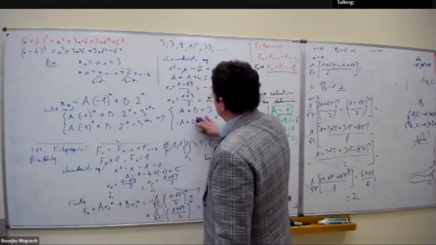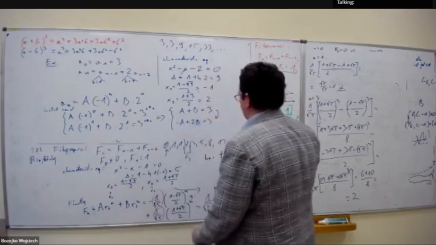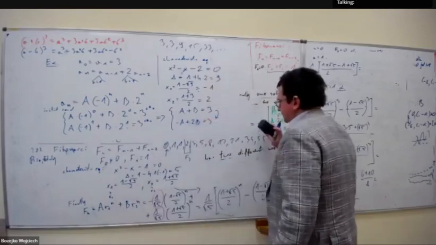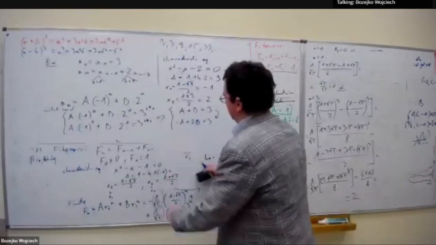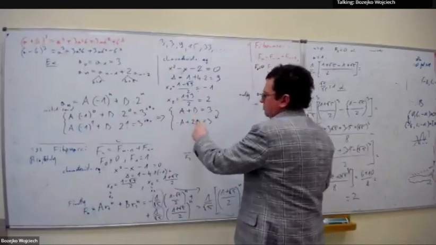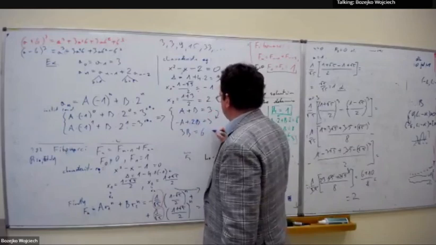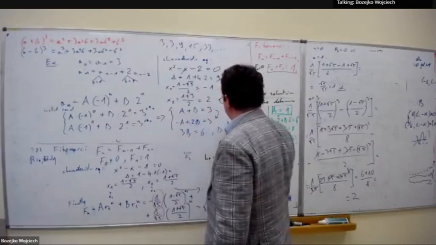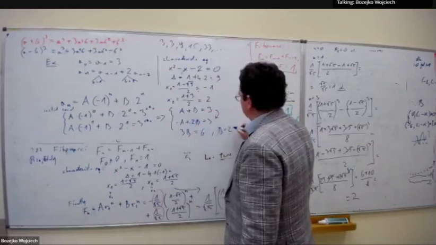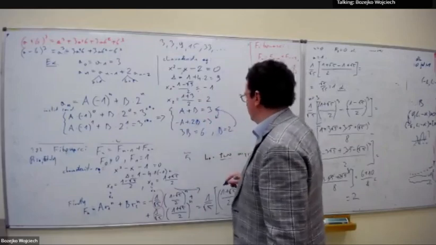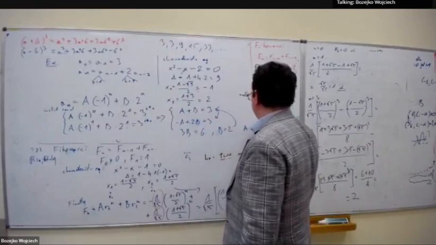So if we add these two equations, we'll obtain that here is a and minus a. So we finally have 3b, b plus 2b is 6. So b is 2. And substituting this here, we'll obtain that a should be 1.